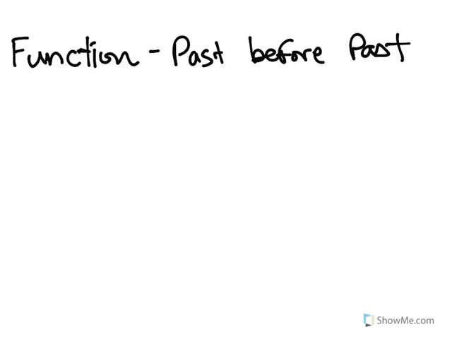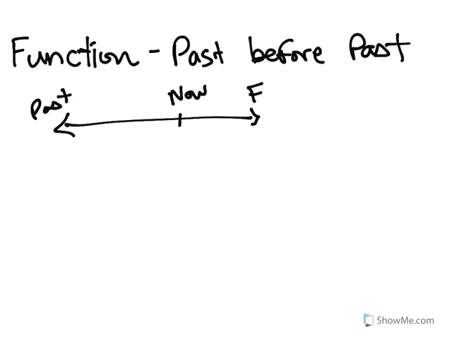The function of past perfect is actually a lot simpler than present perfect. So we'll start with our timeline here, where we've got the past, and we have now, and we have the future. With the past perfect, there's always two actions in the past. There's one action, and then there is a second action.